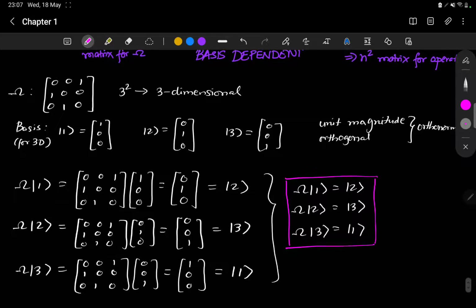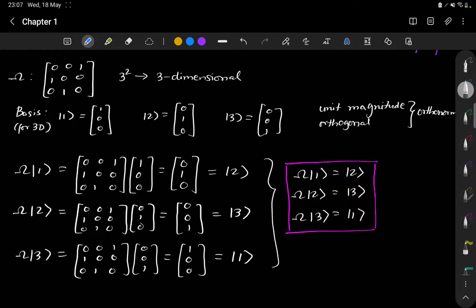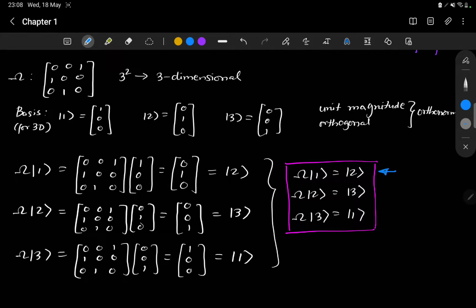Notice that this action basically tells us the column of the matrix representation for the operator. For example, omega acting on the first basis vector takes it into the second basis vector. So omega acting on 1 0 0 takes it to 0 1 0, and this is the column 0 1 0 that we have in the matrix representation for omega.